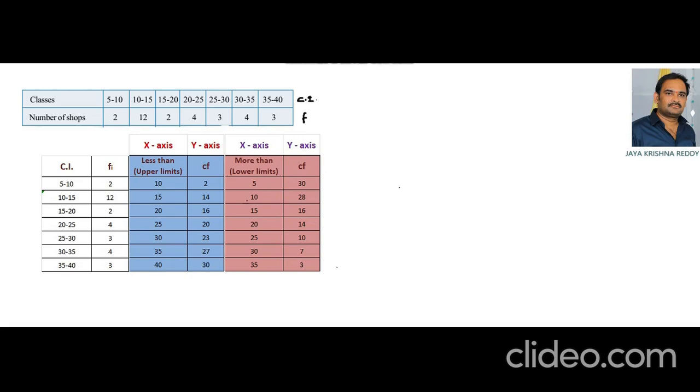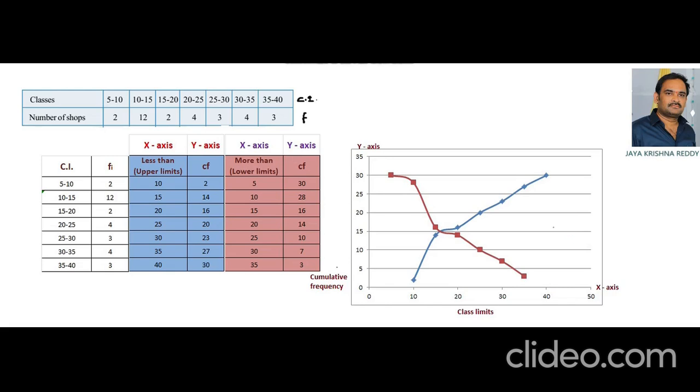So here we are going to draw the less than type ogive and more than type ogive at a time in a graph. In this graph, the blue color line represents the less than type ogive and the other line represents the more than type ogive. So here we can see two ogives in one graph. Here also we can find the median value.